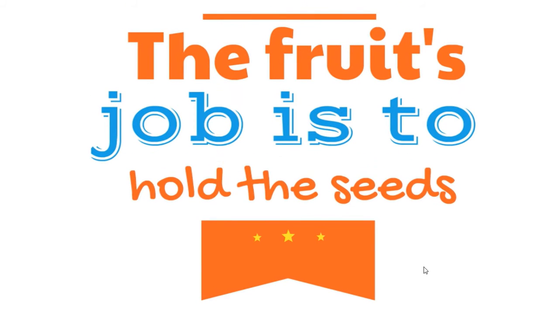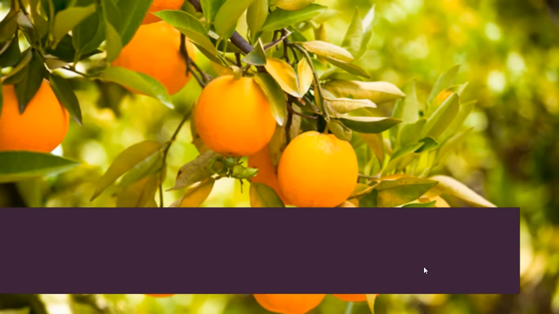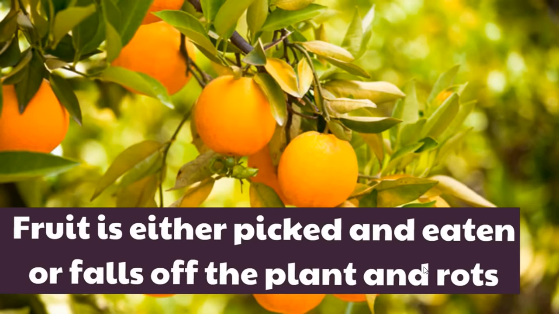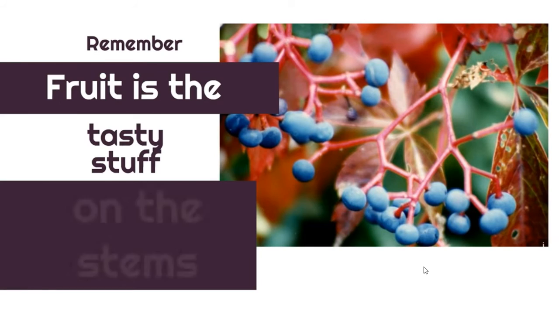The fruit is just a delicious seed holder. Now, either one of two things happens to fruit. Fruit is either picked and eaten, or it falls off the plant and rots. Remember, fruit is the tasty stuff on the stems.